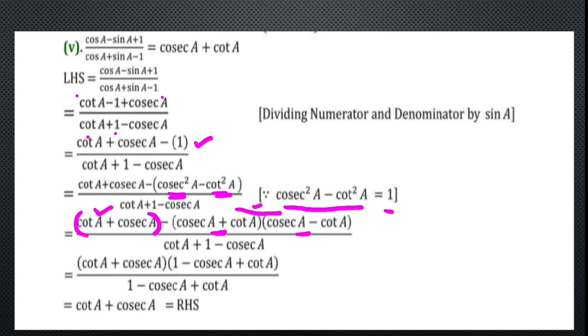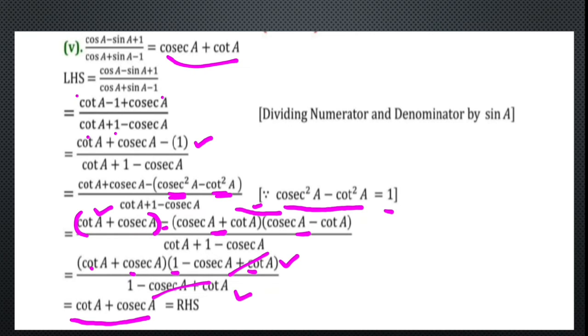So I am taking cot A plus cosec A as common. So it will become 1 minus cosec A plus cot A. Now look at this term and this term, they are the same, so they will cancel each other. So the result will be cot A plus cosec A, which is equal to the right hand side.